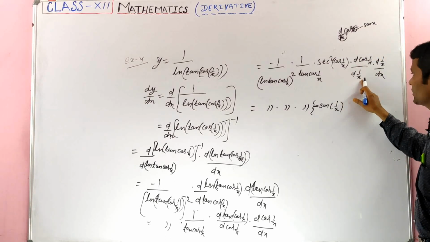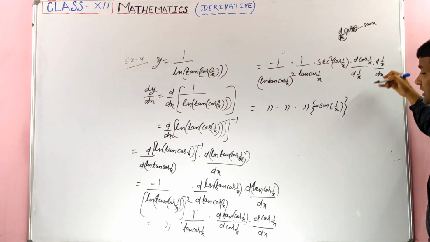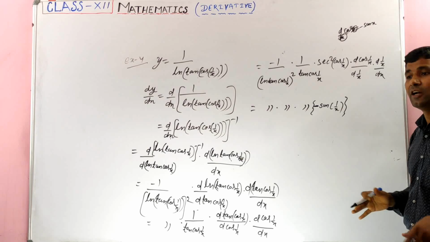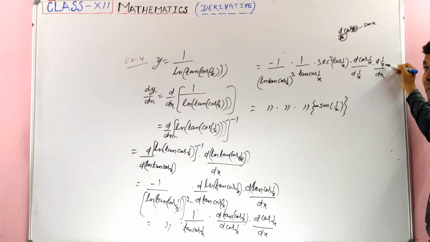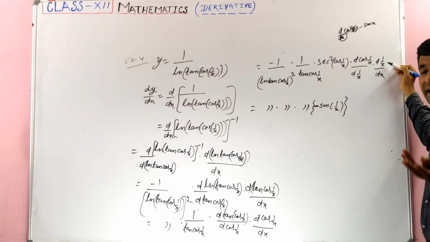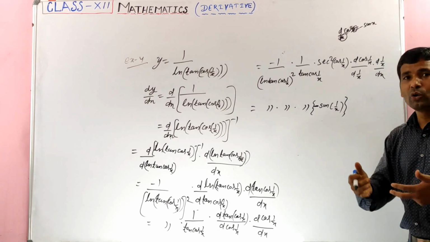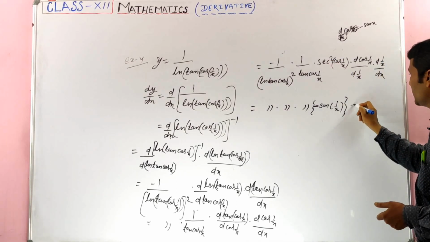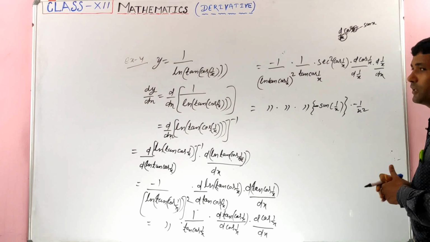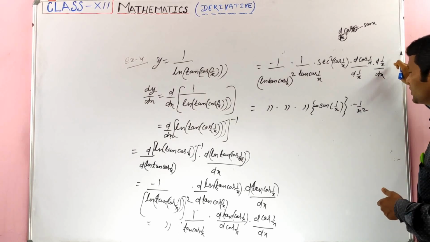Here 1 by x, 1 by x, so minus sine of 1 by x. Now see here 1 by x: whether we adjust again or directly find it, or the process terminates. See, 1 by something, that something part is x, the independent variable whose derivative is 1, so the process terminates, no need to adjust further. Therefore the derivative of 1 by x is minus 1 by x square, and the something part is x with respect to x, so the process terminates.